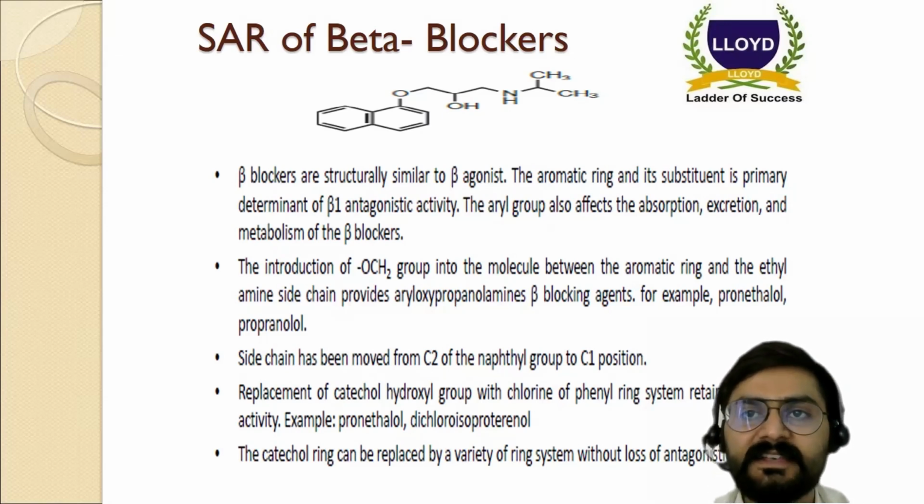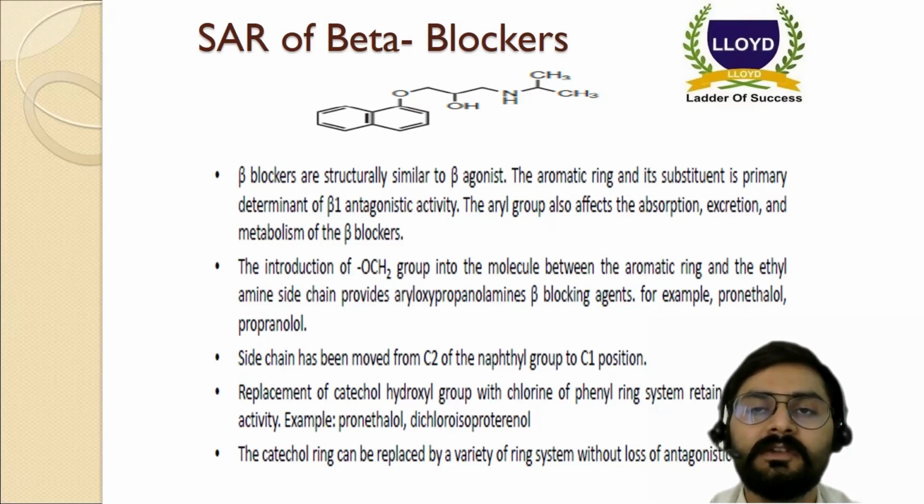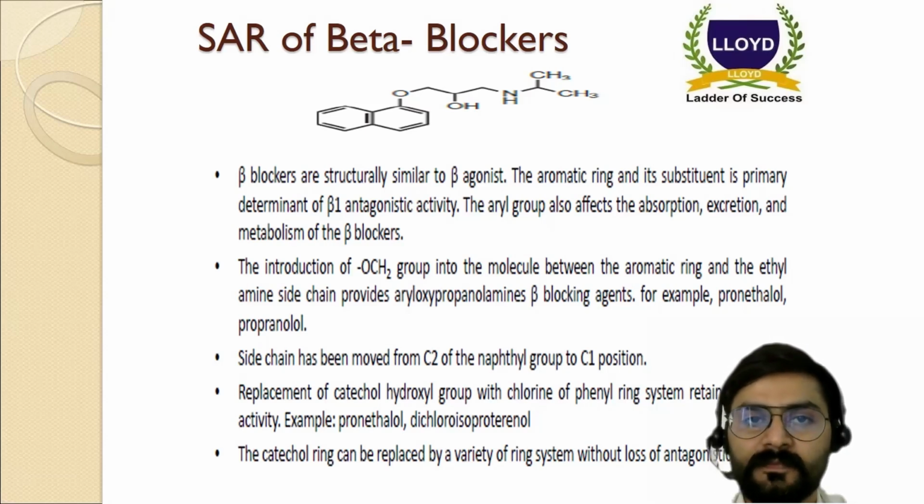If this X is substituted by an oxymethyl group, it gives the class that is aryloxypropanolamine. If we replace this oxymethyl group by a hydrogen atom, it gives aryl ethanolamine derivatives. So one by one, let's discuss these substitutions on this particular structure and find out the resulting effect on the activity of the compound.